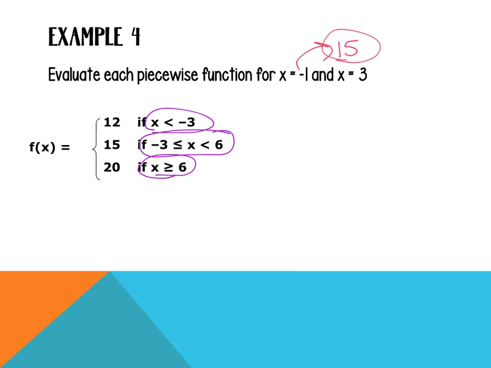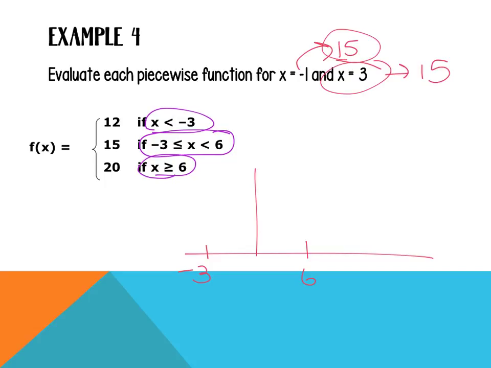How about x is 3? Is that on the top, the middle, or the bottom? It's also in the middle, which means this is also 15. So again, if you think about the way this would look on a graph, this is saying from anything left of -3, and then -3 to 6, and then bigger than 6.